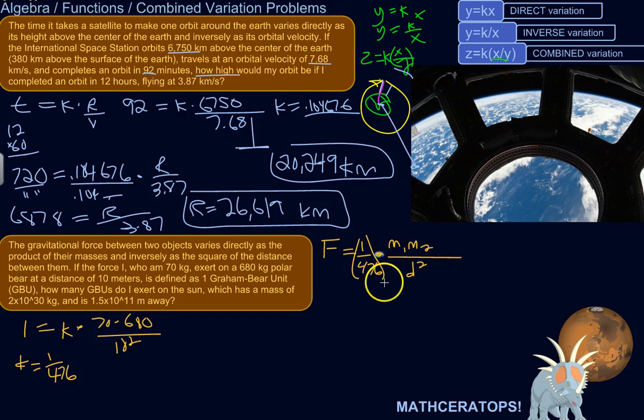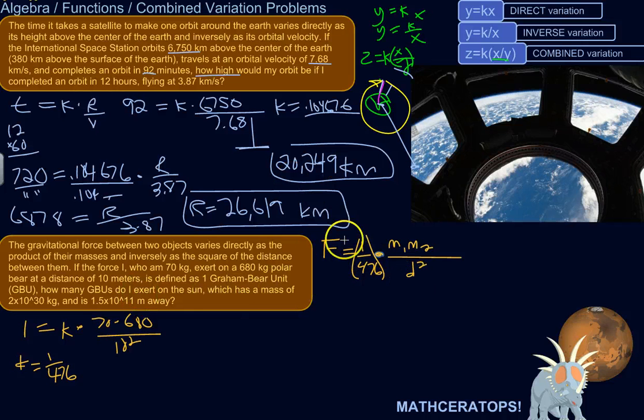Usually newtons, that's a pretty common one, and that would have a different constant here. So this is our constant if we're going to measure force in GBUs. All right. So how many GBUs do I exert on the sun, which has a mass of 2 times 10 to the 30th kilograms and is 1.5 times 10 to the 11th meters away?